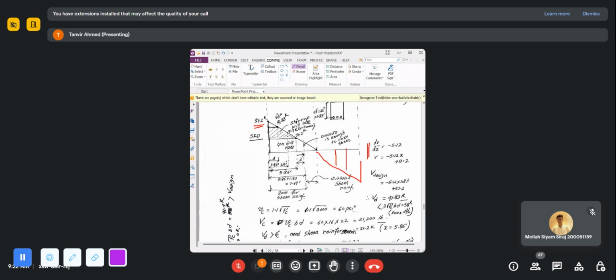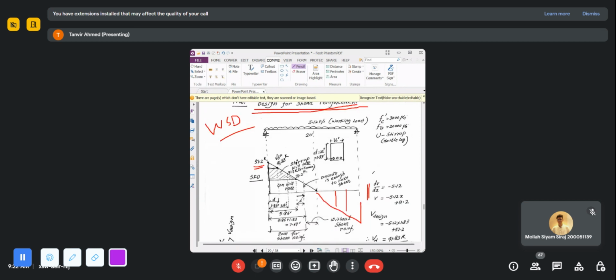We said that this uniformly distributed load will be nothing but the first derivative of the shear force, and obviously this first derivative will be negative of the uniformly distributed load, because the load is downward.